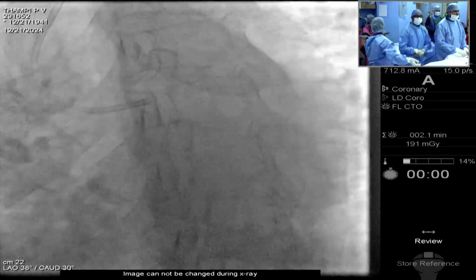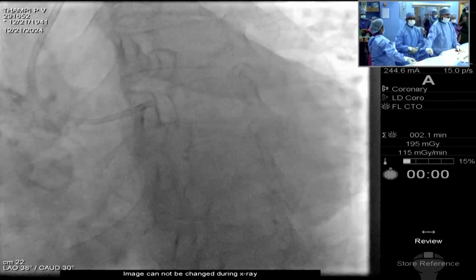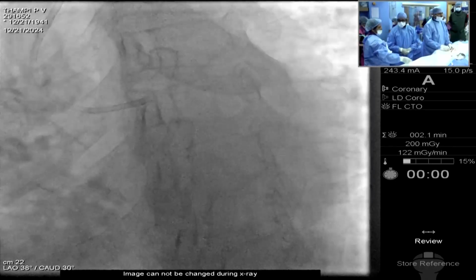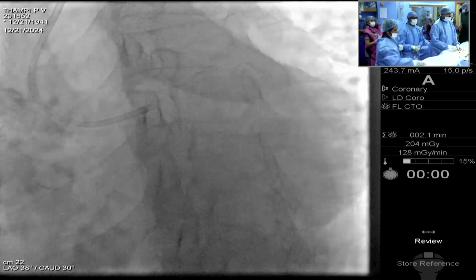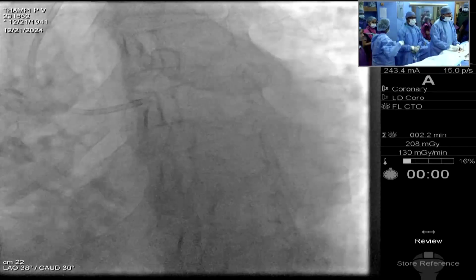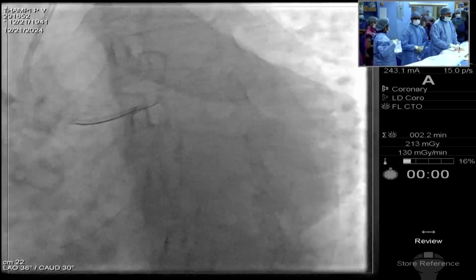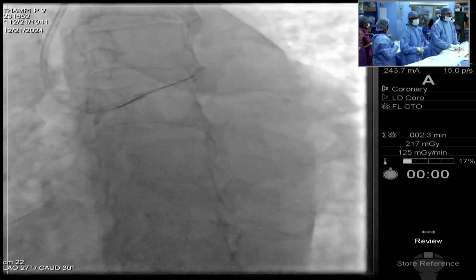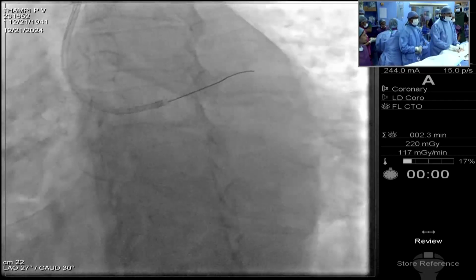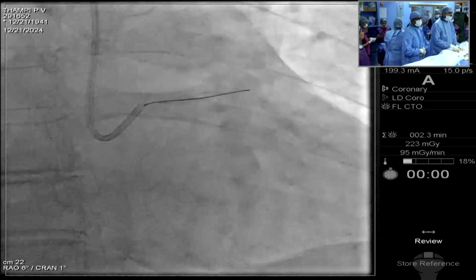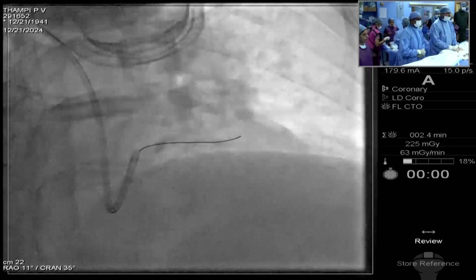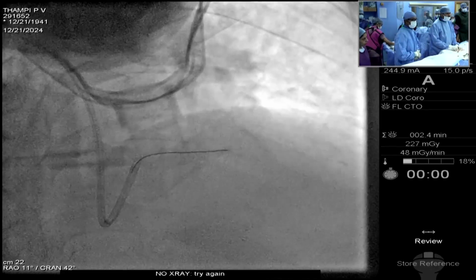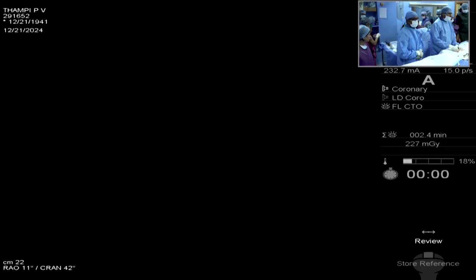Now we'll go with the run through wire. Do an OCT pullback. Come cranial. Come cranial. Centralize.